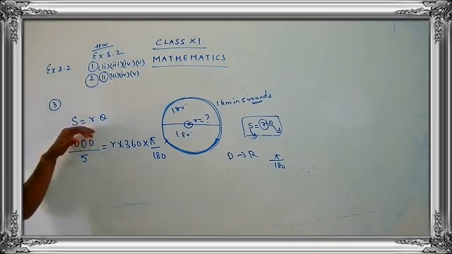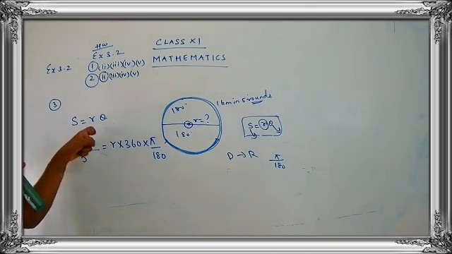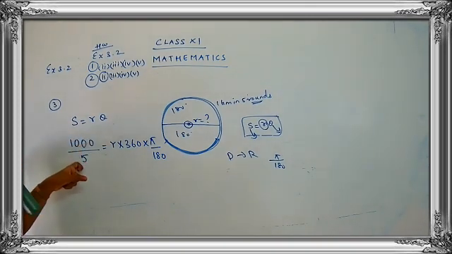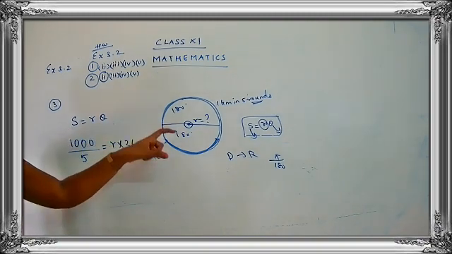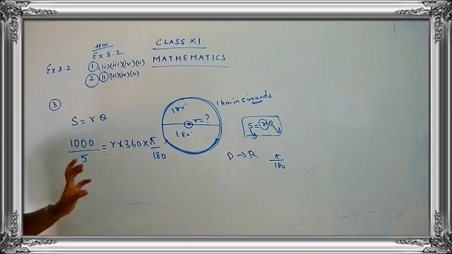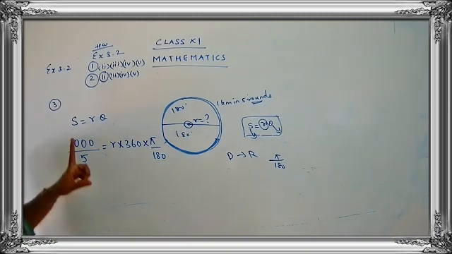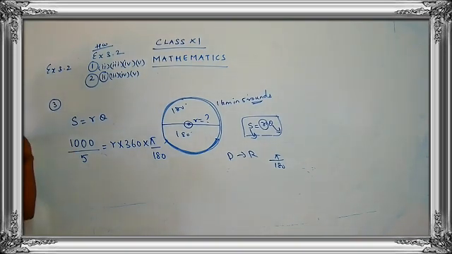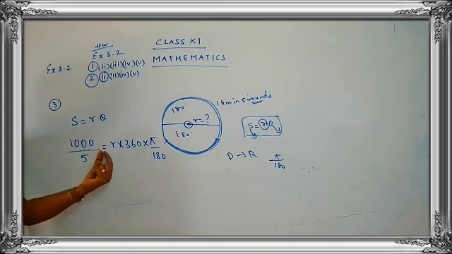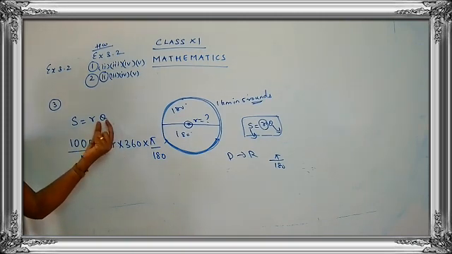So we are using the first formula, that is S is equal to R theta. How are you going to find out S? You are just going to focus on the distance covered by the athlete. What is the distance covered by him? 1 kilometer. You are going to write down in terms of meter. So I get 1000 meter. And how many rounds he does? He is just going for 5 rounds. So write down upon 5. And this is equal to R into theta.